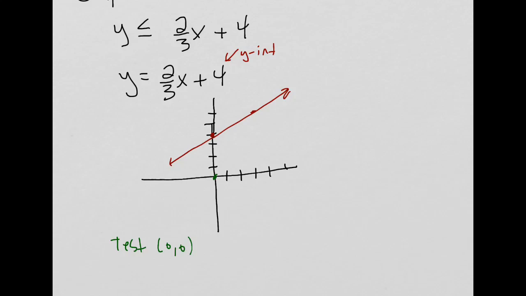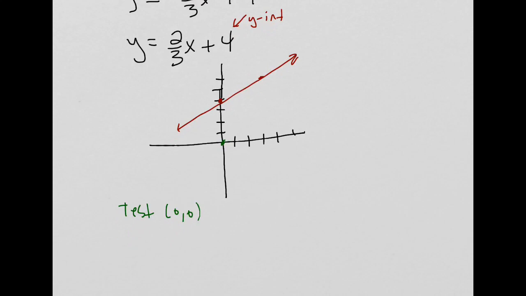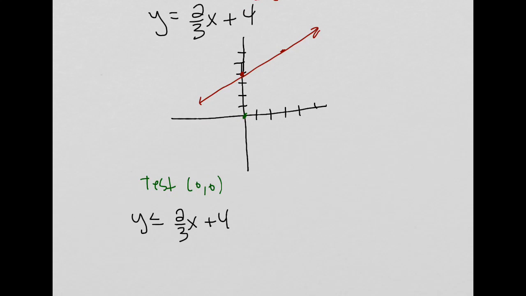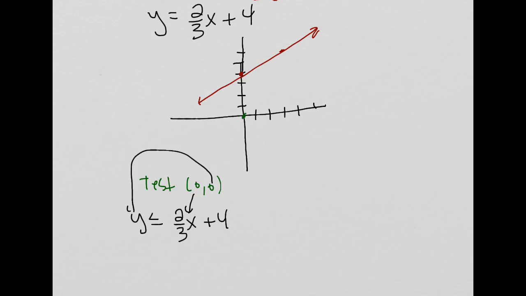So we're going to test 0, 0, and I want to test it in, again, the original inequality. So I'm just going to write that right below. Our original inequality was y is less than or equal to 2/3 x plus 4. Now I'm going to plug 0 in for x, and this 0 is going to go in for y.